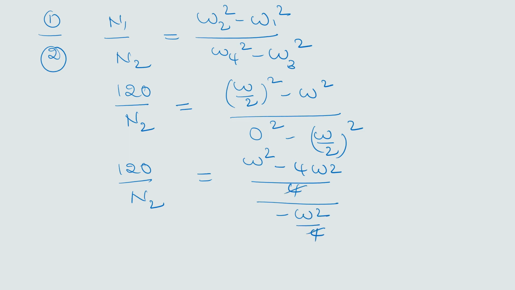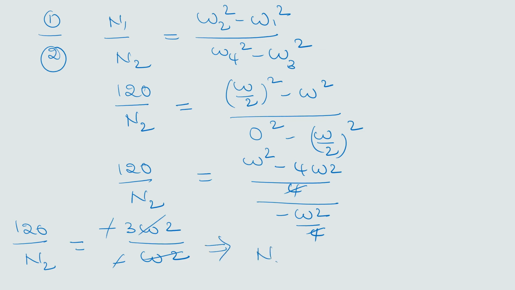The 4 gets cancelled. Now 120 by n2 is equal to minus 3 omega square by omega square. The minus gets cancelled, omega square gets cancelled. So n2 is equal to 120 by 3. 3 ones are 3, 3 fours are 12. So 40 rotations. Therefore n2 is equal to 40 rotations.